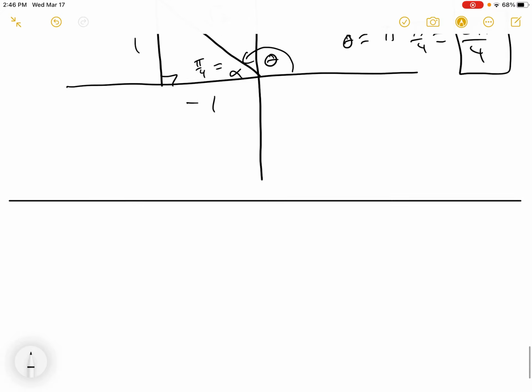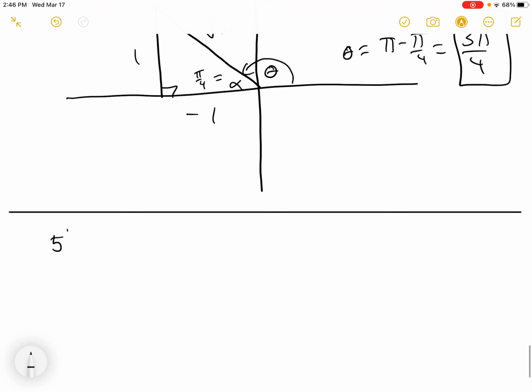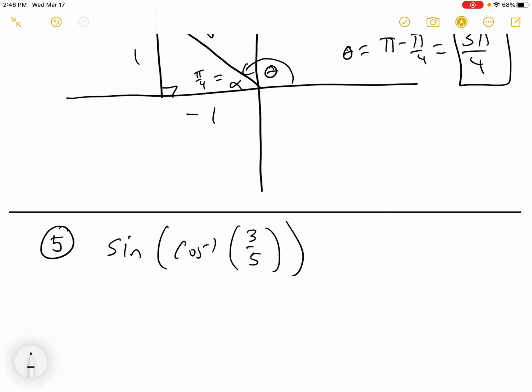Okay, and now let's have some fun here. What is the sine of a cosine inverse of 3/5? When I first taught this, I don't know who your trig teacher was, but I made people put this in sentences.